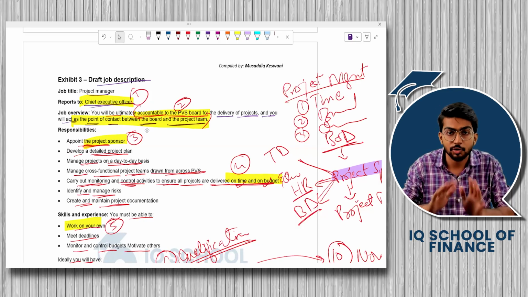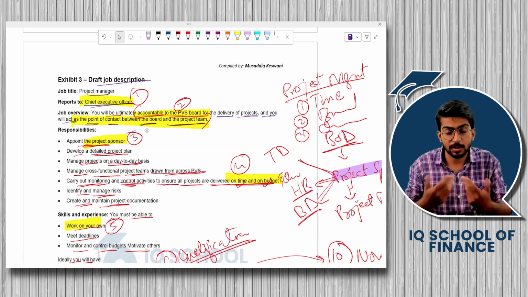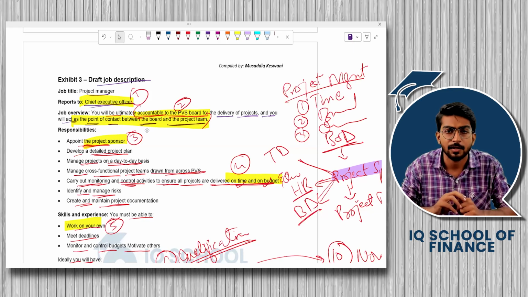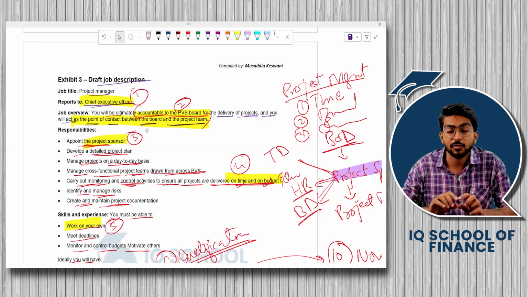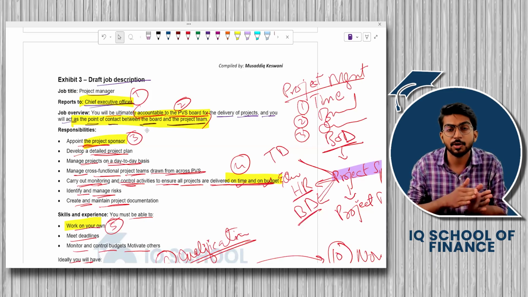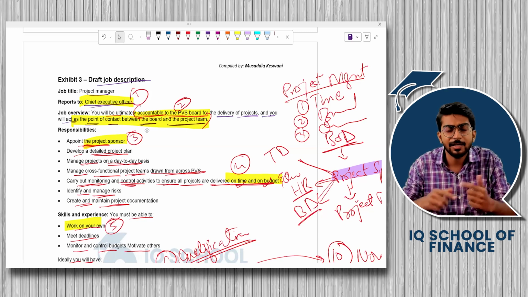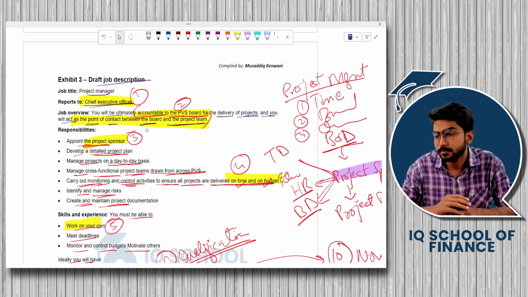Because usually the project manager reports to the project sponsor. So this is the recommendation from our side. So this is how you are going to cater to it. Also, I know what you are thinking, that do I have to specifically draft that this change should be made, that the reporting should be done to the project sponsor. So directly or indirectly we are covering it.